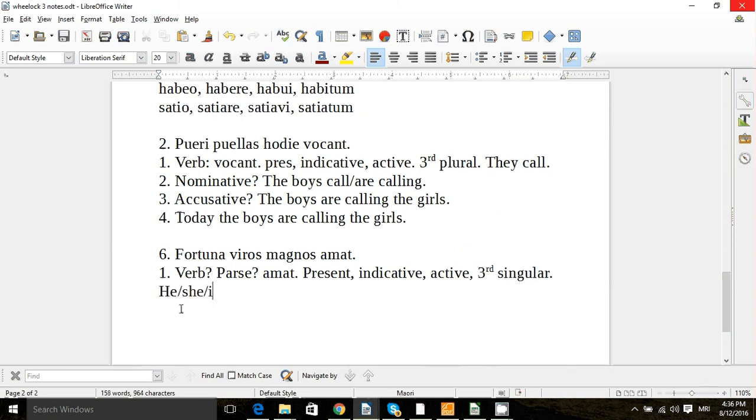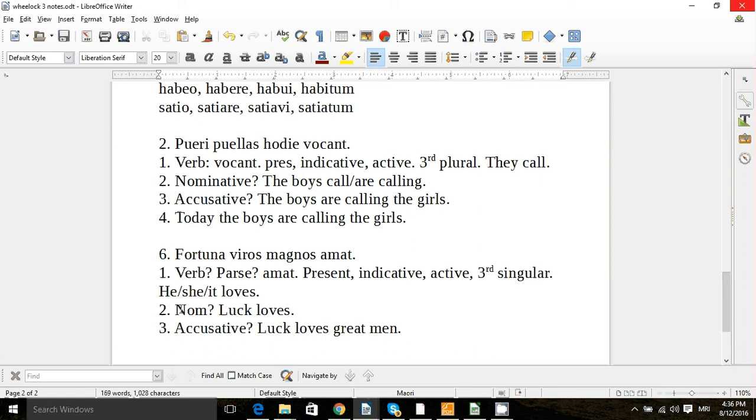He, she, it loves. Who loves? Is there a nominative to serve as the subject? Yes, it's Fortuna. Luck loves. Three, is there an accusative to serve as the direct object? Sure enough, our last two words are accusative plural. Viros magnos. Luck loves great men.